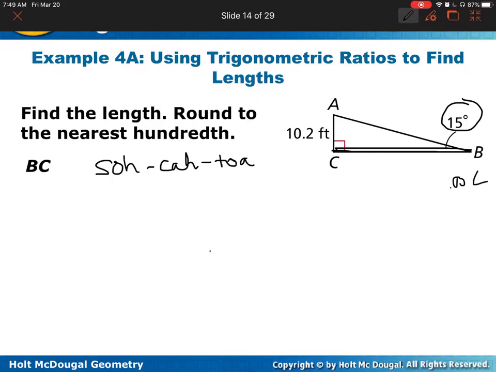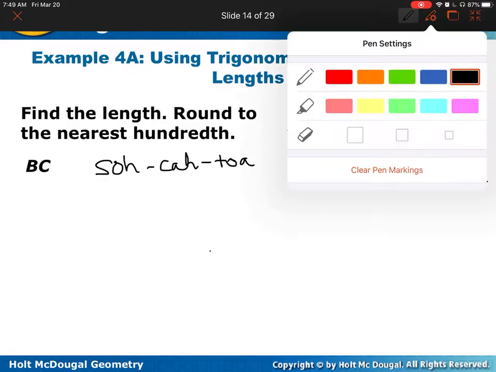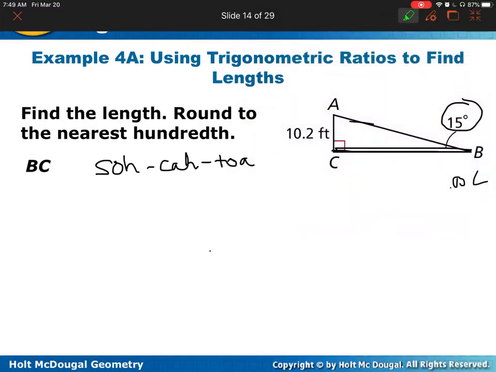In this case, we do not have our hypotenuse. As you can see, we don't know what our hypotenuse length is, so that means we're not going to use it. That means we can't use SO and we can't use CA, so we are going to use TOA, tangent.